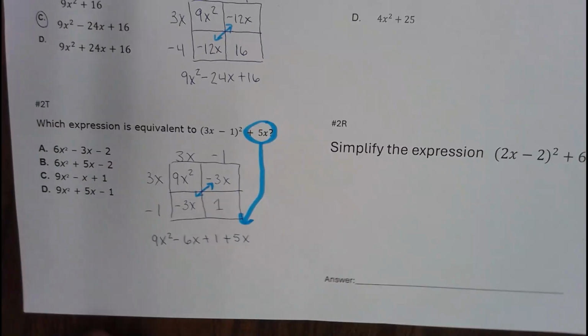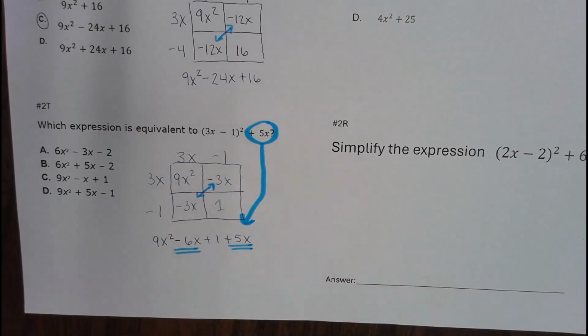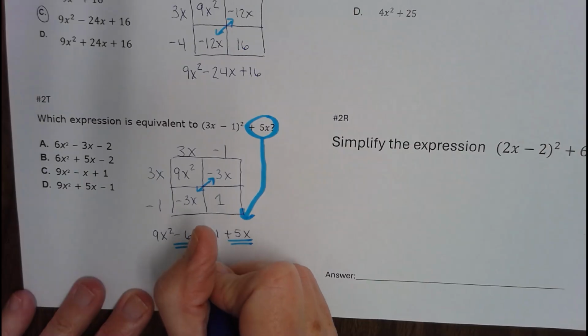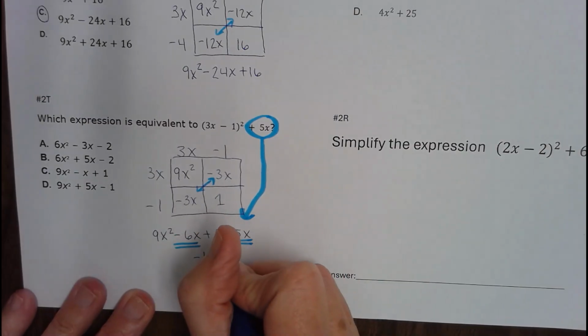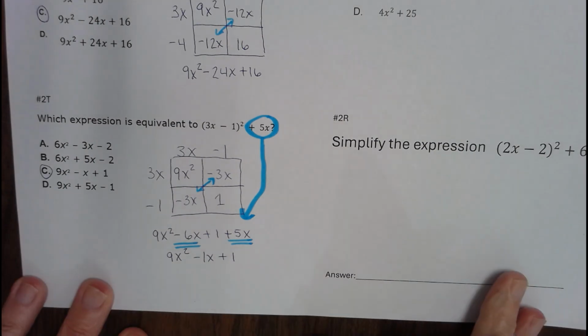So now I can combine like terms again, and I combine a negative 6x and a positive 5x to get a negative 1x. Bring down plus 1 and bring down 9x squared. The correct answer was C.